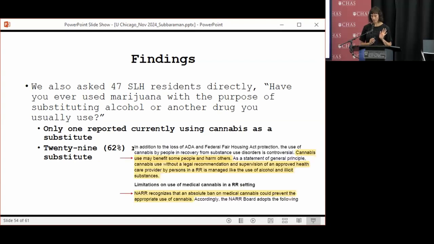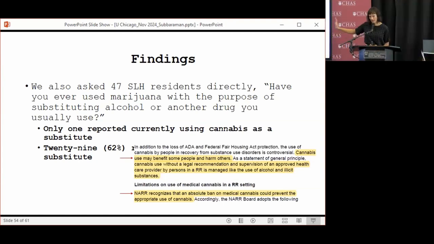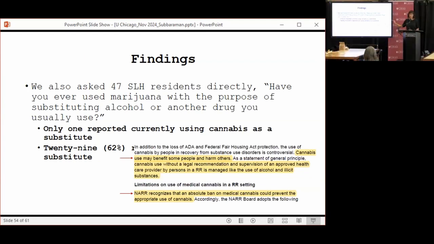All of that being said, it's very critical and important to me to acknowledge that cannabis use may benefit some people and harm others. So I want to validate the experience of this one person who currently uses cannabis as a substitute. I believe them.